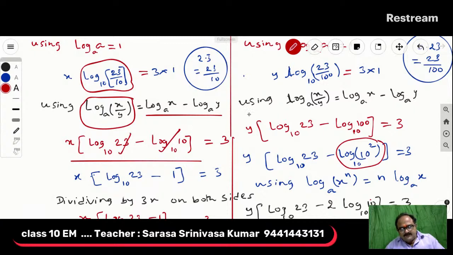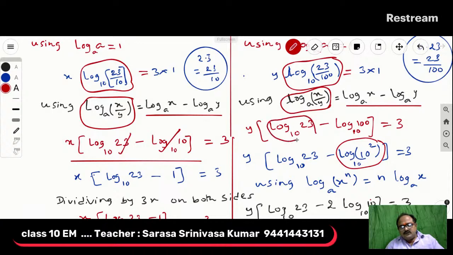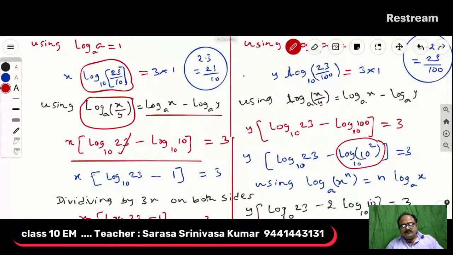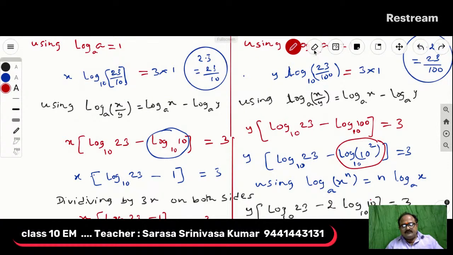Here also log 23 by 100 base 10 is in the form of log x by y to the base a, so it can be expanded as log x base a minus log y base a. So log 23 base 10 minus log 100 base 10. No changes in the steps. On both sides the simplification part is the same.